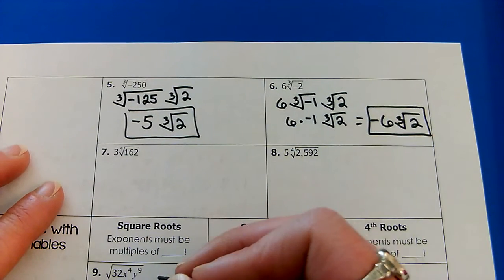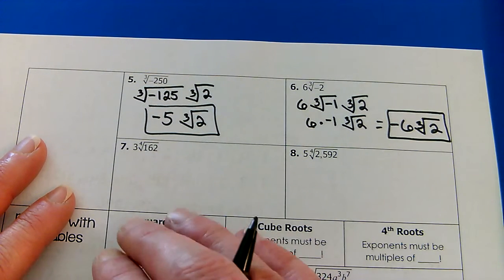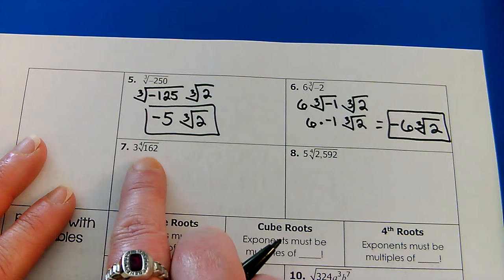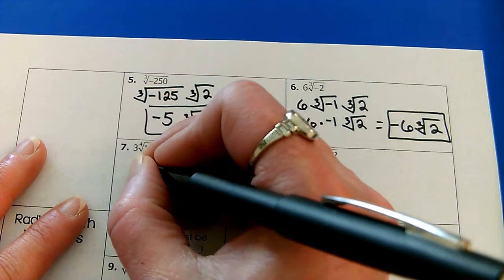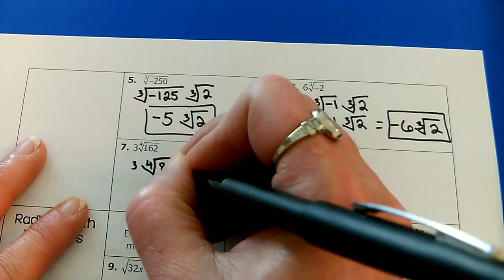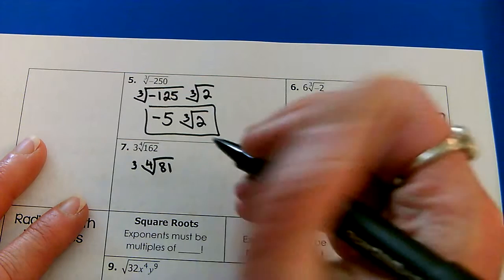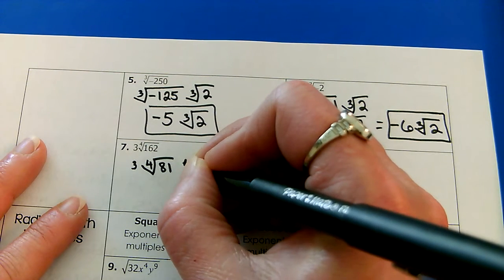So again, you're looking for those perfect squares, perfect cubes, perfect whatevers, and we made a list of them. So 162, I think that's 81 times 2. Cool, because 81 was on that perfect fourths list. Whoops, that's a fourth, sorry.